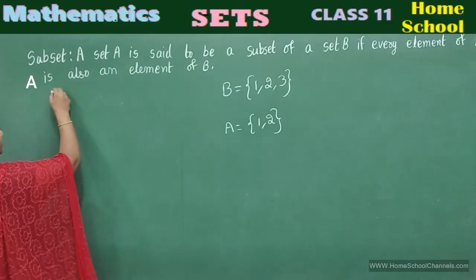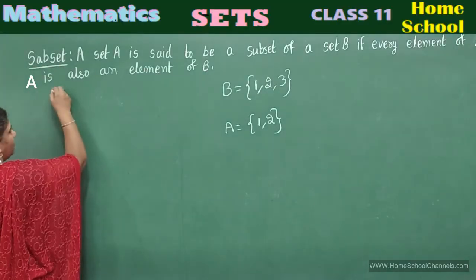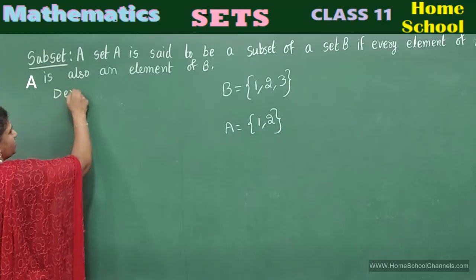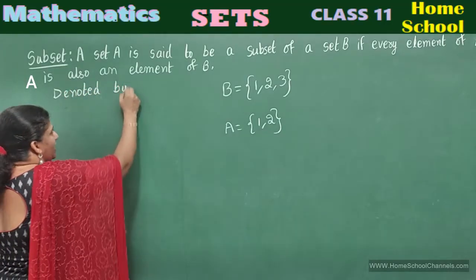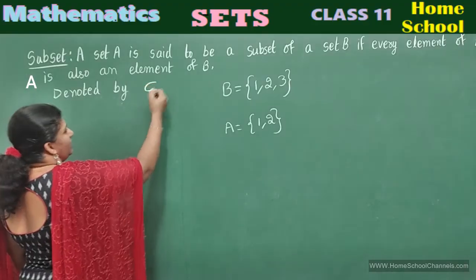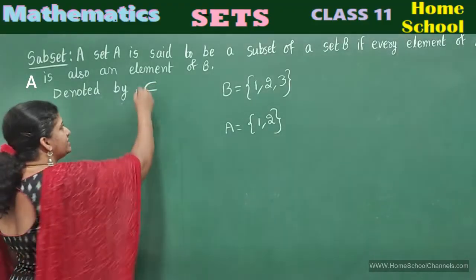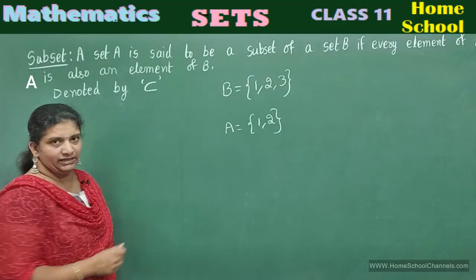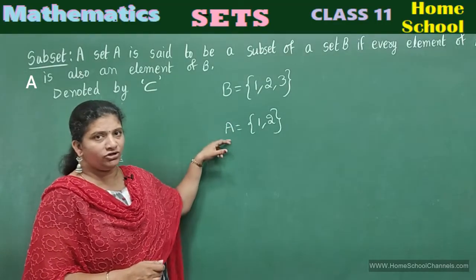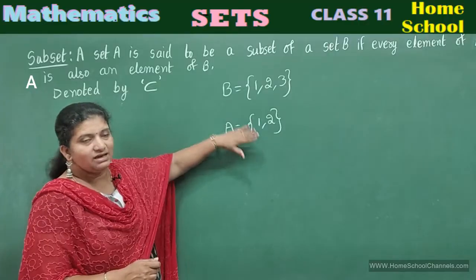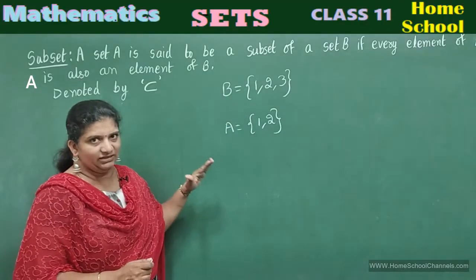How can you denote this? A subset can be denoted by using a symbol like this. Okay, this indicates subset. And now, by taking this example, how are we going to write? A set is a subset of B set.